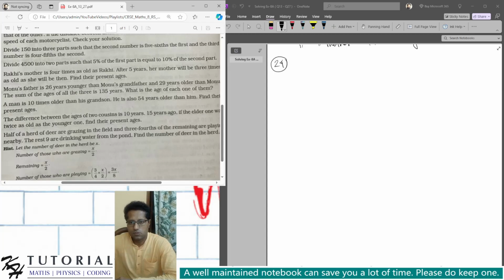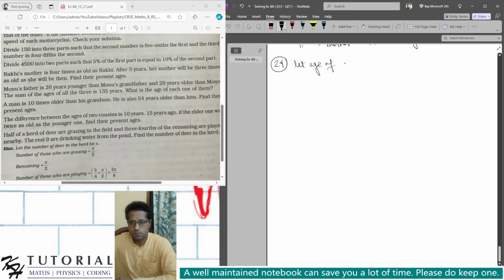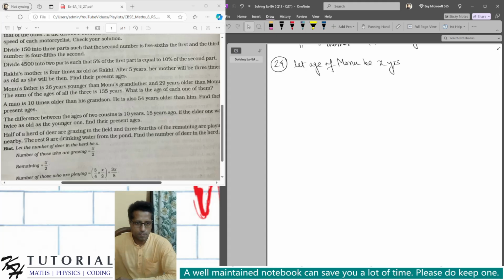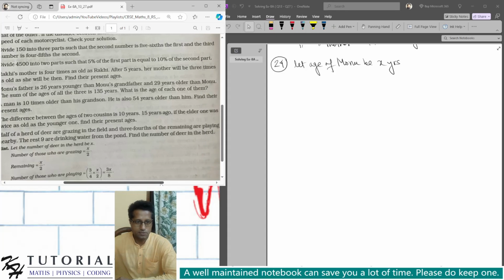Okay, so let the age of Monu be x years. What is given? Monu's father is 26 years younger than Monu's grandfather and 29 years older than Monu.